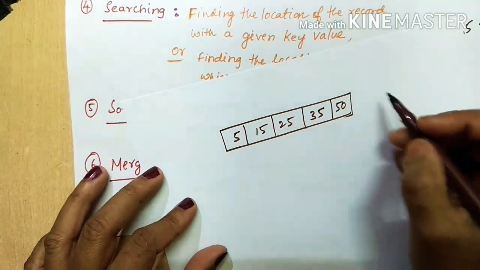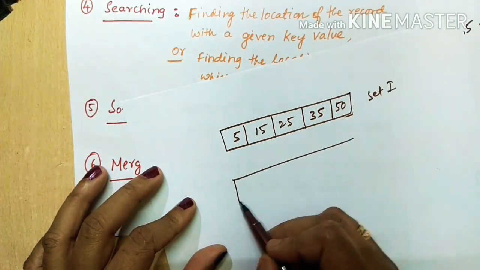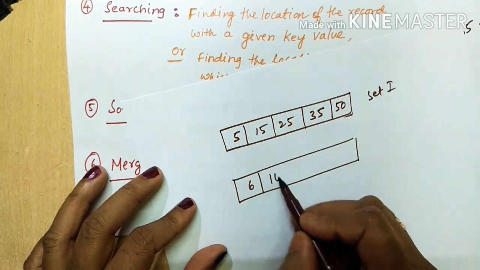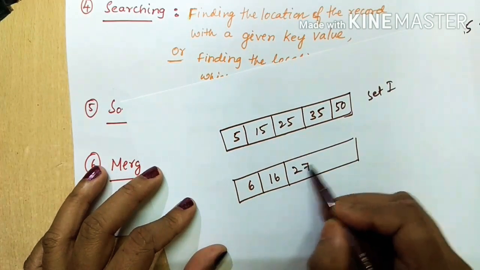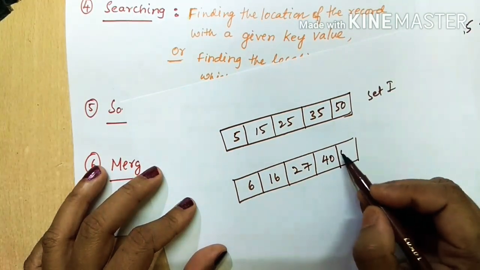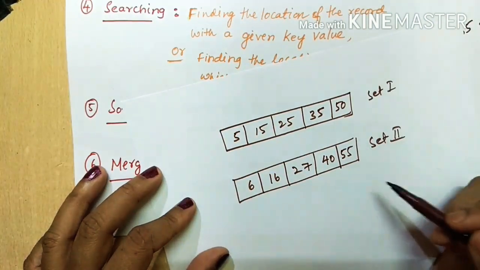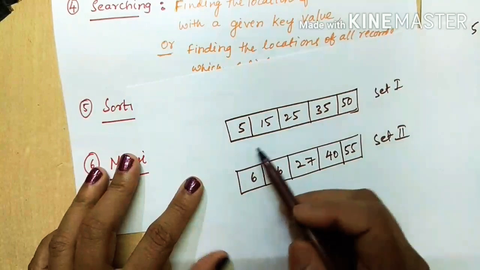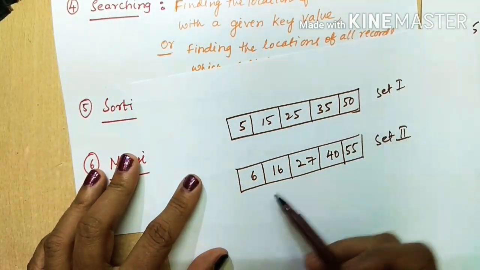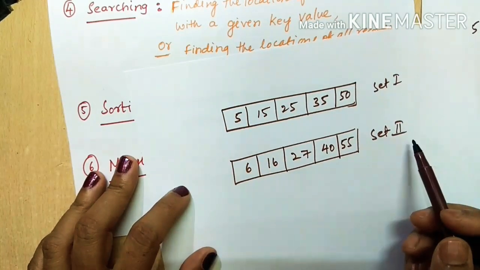This is set 1. I have one more set: 6, 16, 27, 40, and 55.